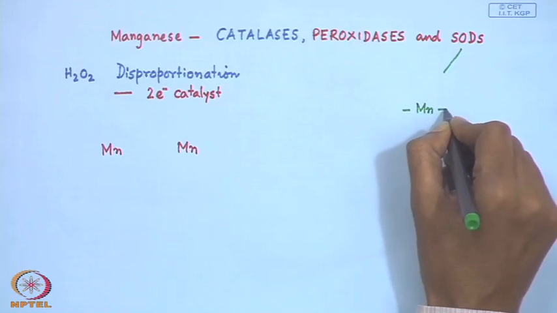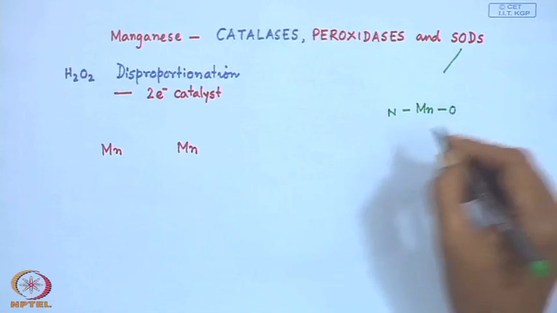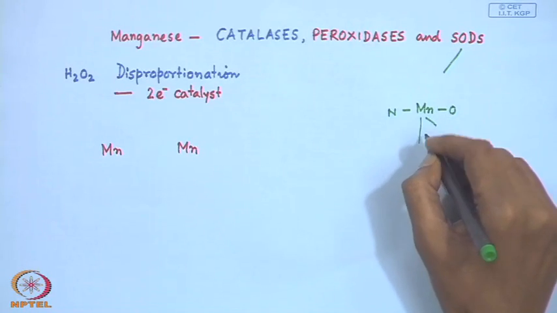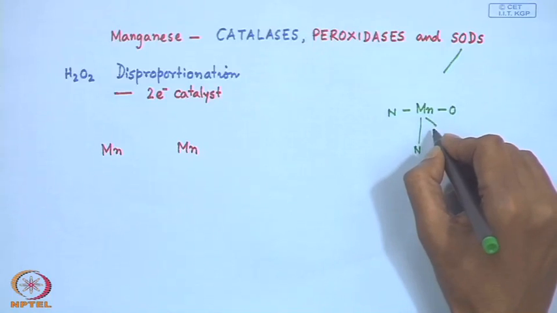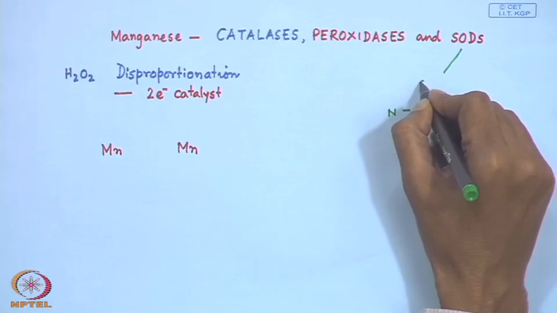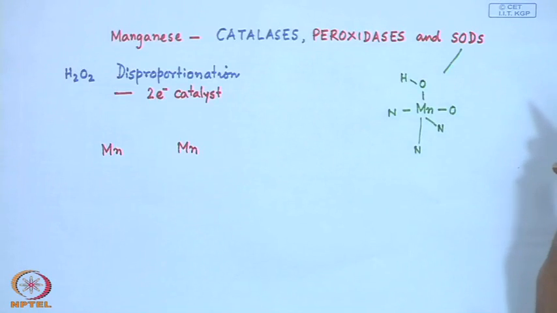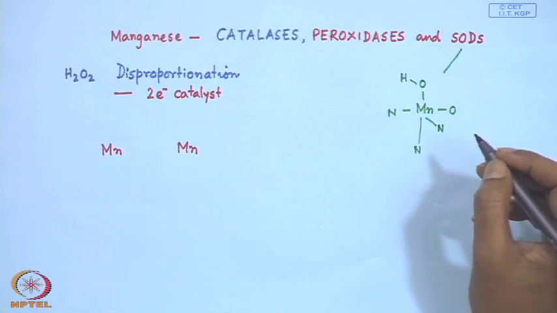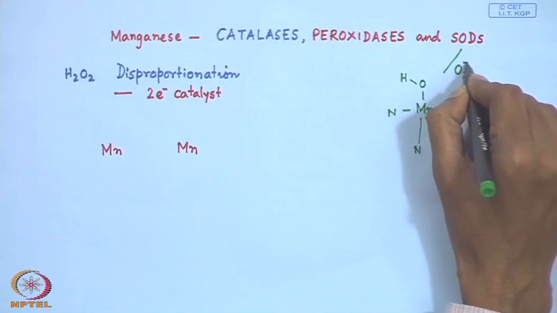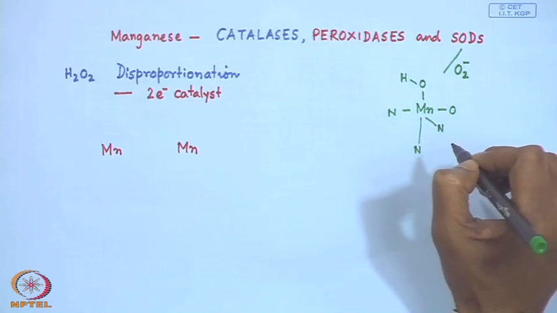So, this particular one is very much useful if we can have a distorted trigonal bipyramidal arrangement on a mononuclear manganese, and mononuclear manganese initially can bind to a water molecule and then to a hydroxo function.